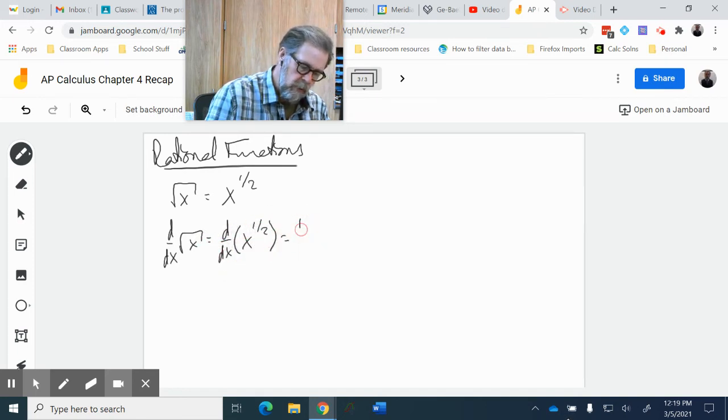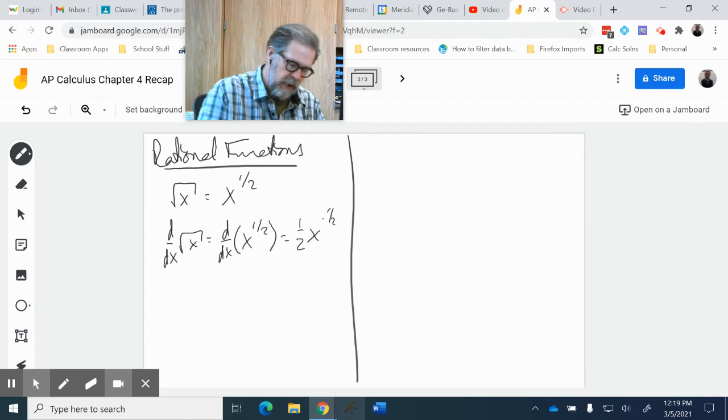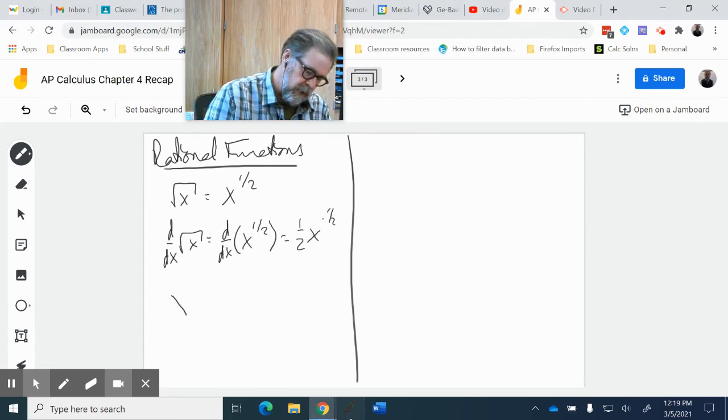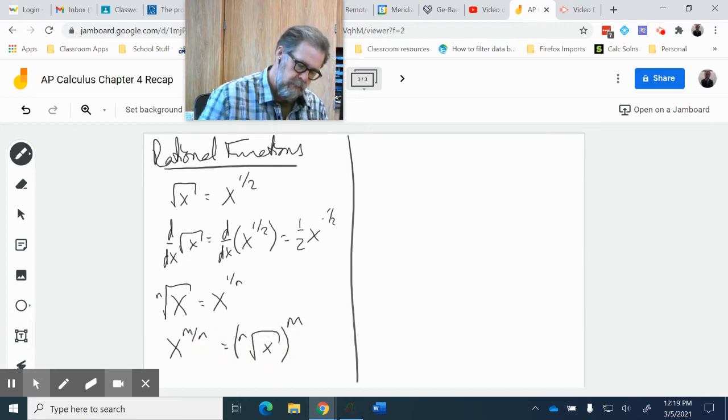And the power rule says that's 1/2 x to the 1/2 minus 1. And of course, I'm sure you remember that the nth root of x is x to the 1 over n, and that x to the m over n is the nth root to the mth power. Good.